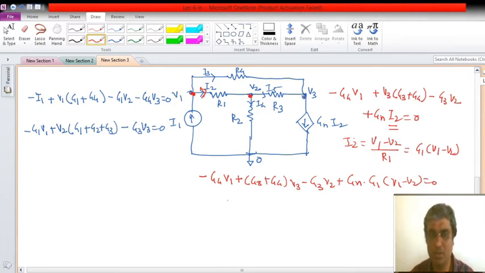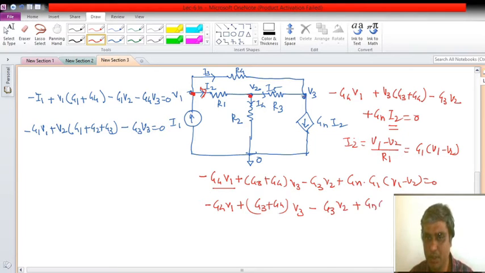So in a systematic way: minus G4 V1, G3 plus G4 V3, minus G3 V2 plus G1 V1 minus G1 V2 is equal to 0.